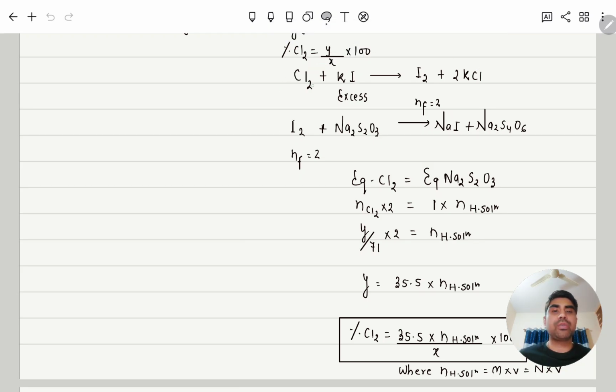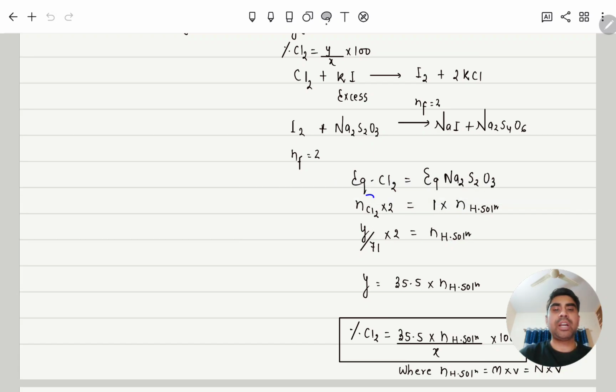Chlorine as Cl2 goes from 0 to minus 1, so overall its n factor is 2, times the number of moles. For hypo solution, the n factor, you know, is 2 to 2.5, so 0.5 into 2. So n factor is 1, into the number of moles of hypo solution.